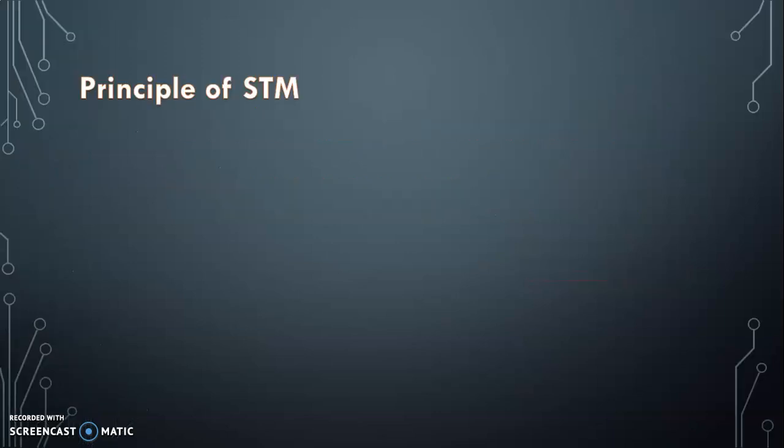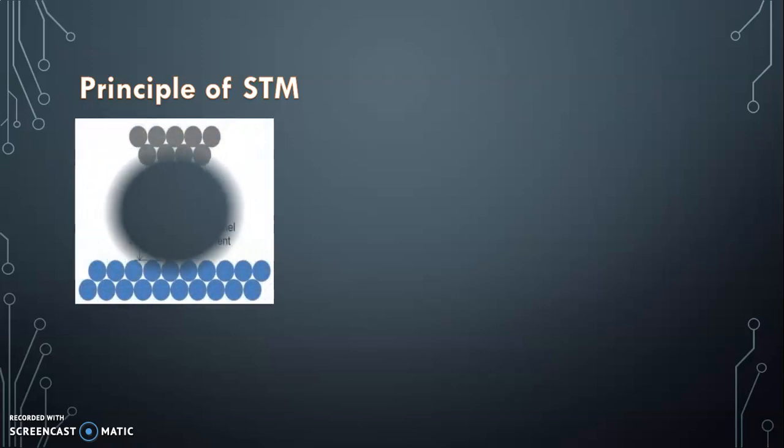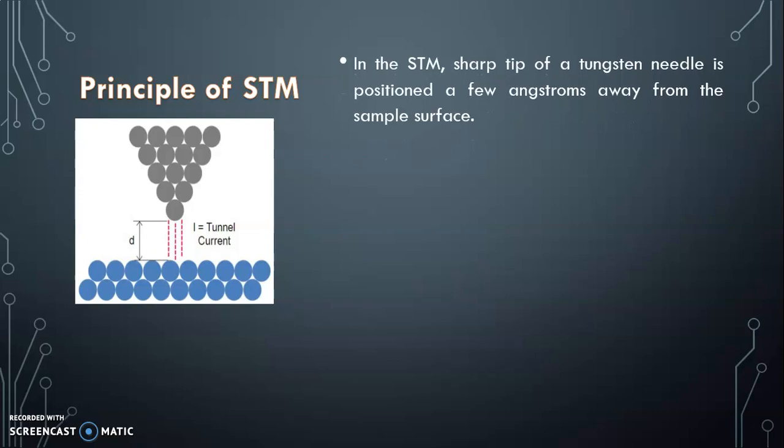First, the principle of scanning tunneling microscope or STM is: in STM, the sharp tip of a tungsten needle is positioned a few angstrom away from the sample surface. See here, this is the structure of the tungsten tip.